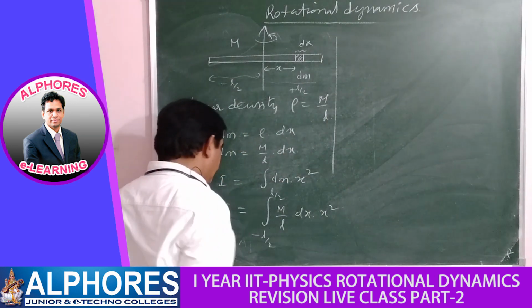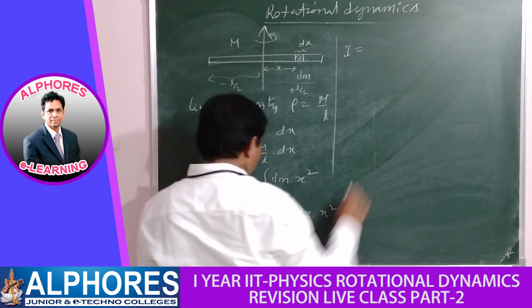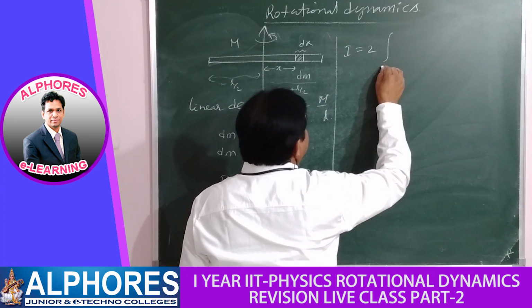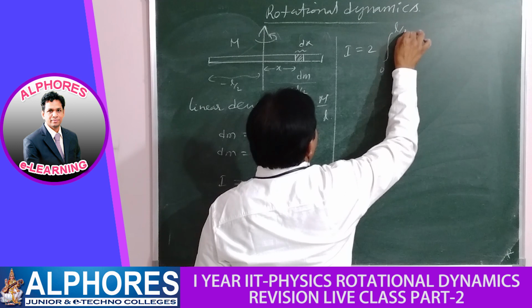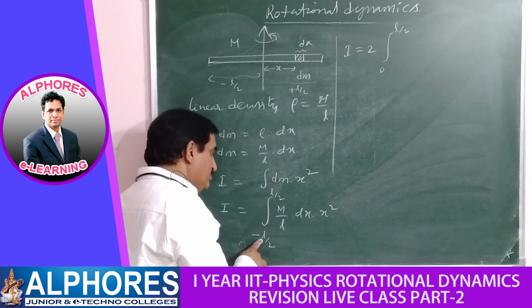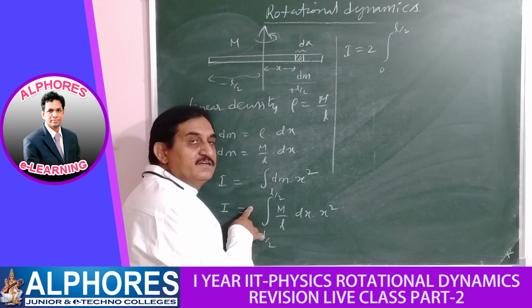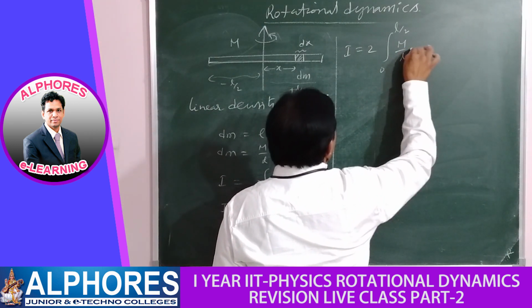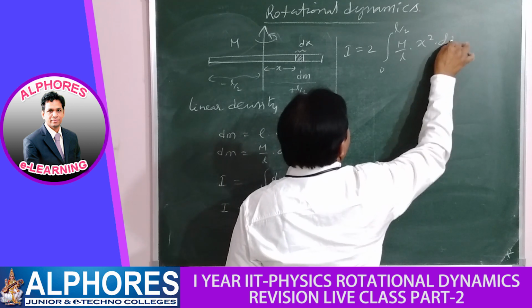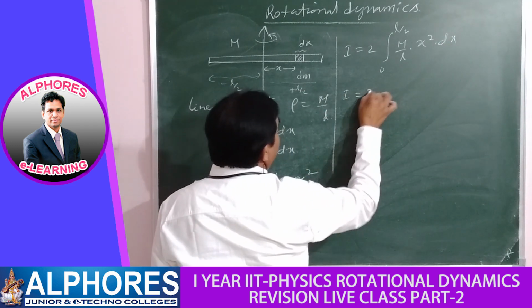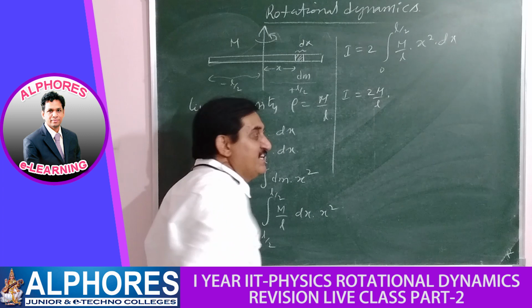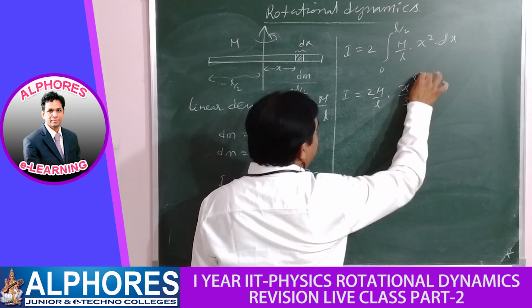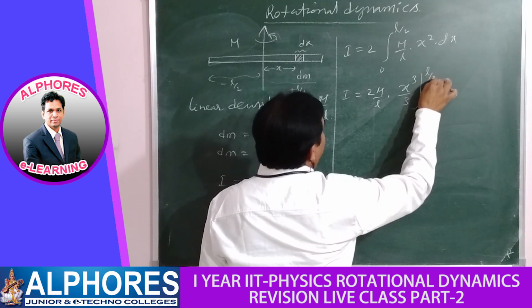Now, I is equal to, this can be written as double the integration from 0 to L by 2. So we are taking 0 to L by 2, we can take it 2 times, 2 into m by L into x square dx. I is equal to 2 m by L, taken outside, it is constant. Integration of x square dx is x cube by 3, taking limit 0 to L by 2.